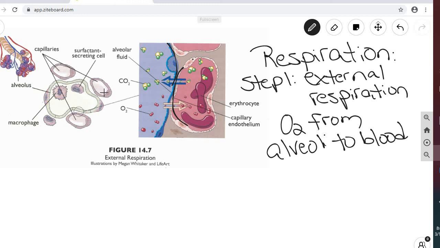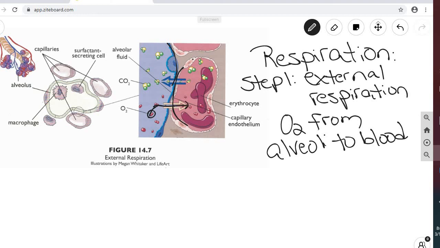The oxygen is pictured here in red, and the oxygen that has been picked up by breathing in air through the lungs is going to travel across the alveoli into the bloodstream.